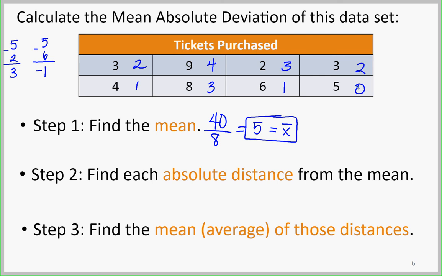So in step 3, we're going to take those distances, 2, 1, 4, 3, 3, 1, 2, and 0. And guess what we're going to do with those numbers? Add them all up, divide by 8. Exactly. Find the average of those new numbers. Add them all up, divide by how many there are.